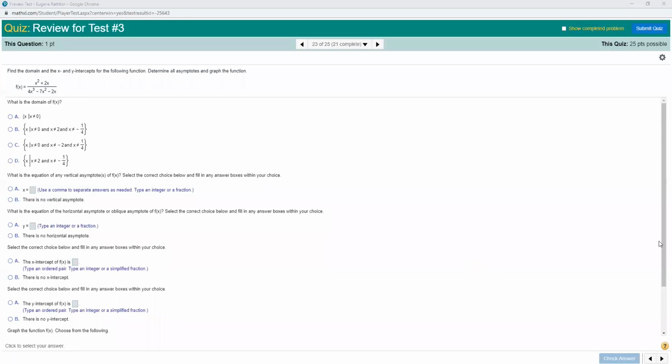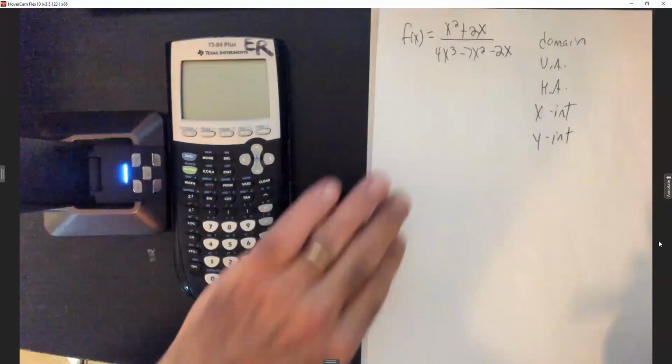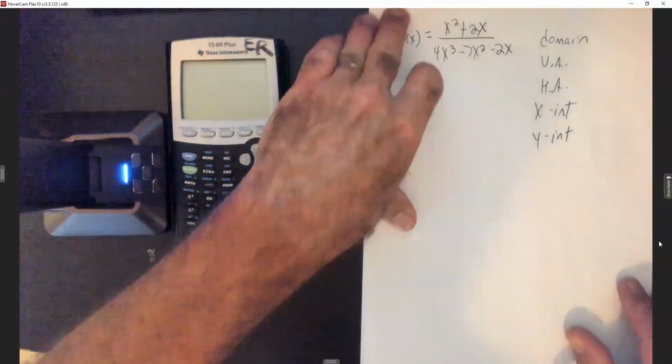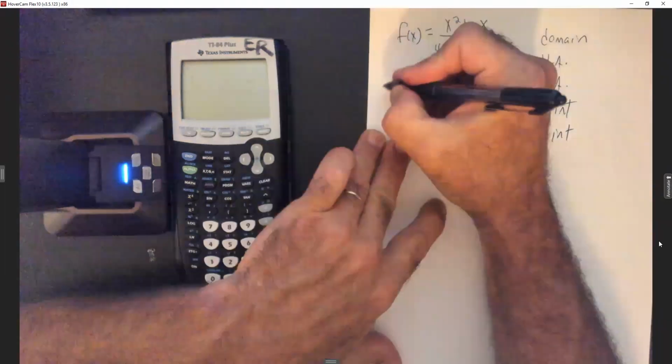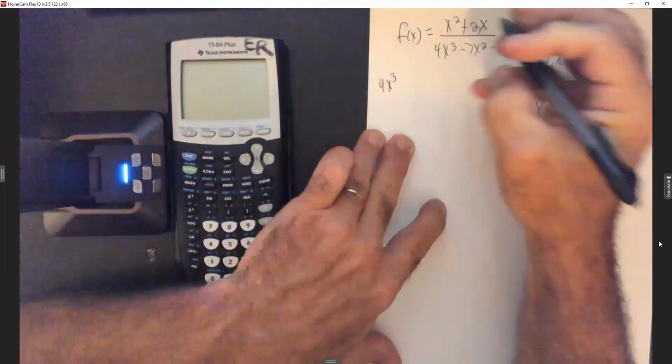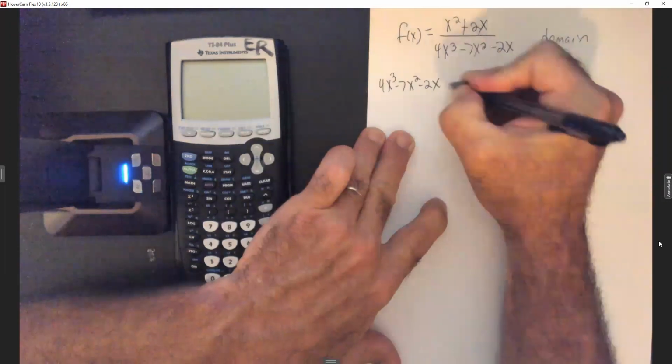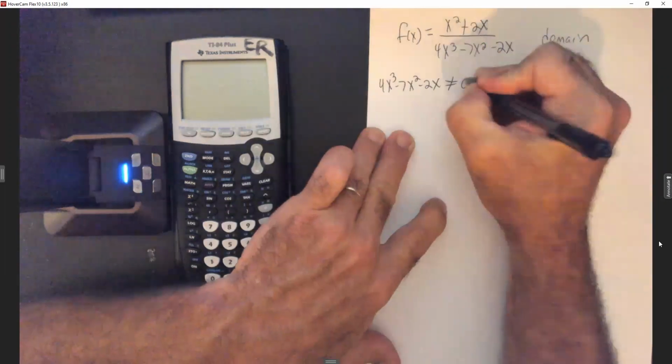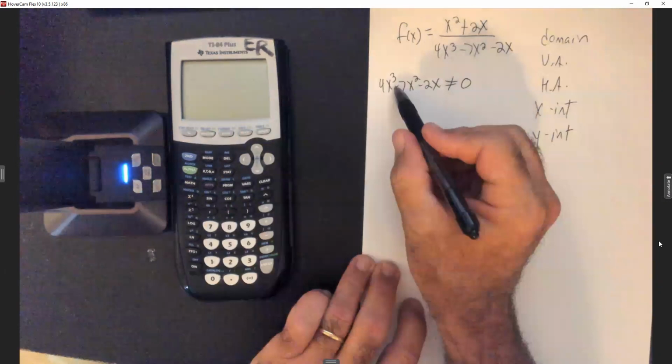Oh, I thought these were sort of long here, okay? So the domain is still going to be taking that bottom, setting it equal to 0. So that cannot equal 0. This one has an x cubed, so you're going to factor out an x first.